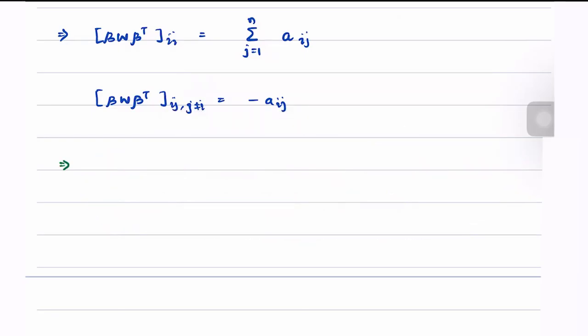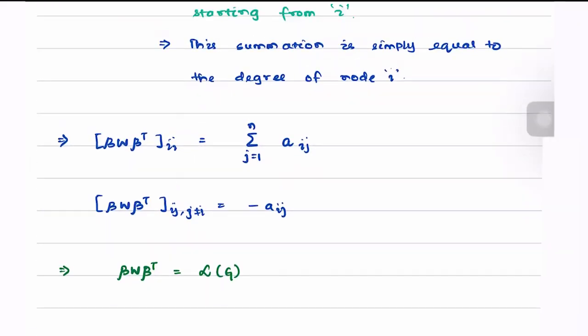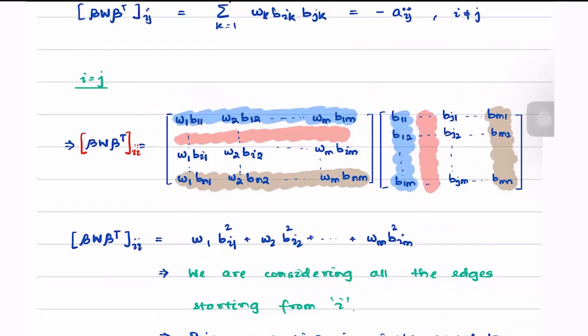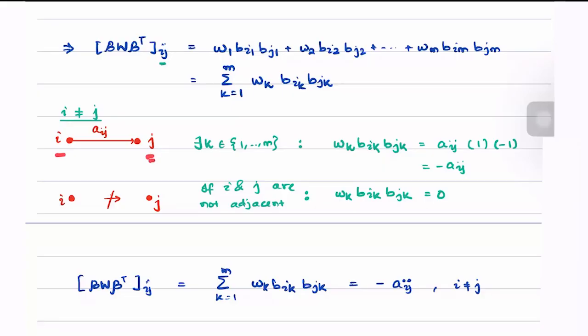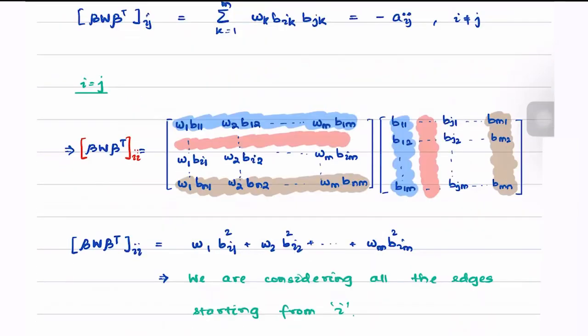So why is this the Laplacian of the undirected graph? Because it doesn't matter in this expression if the edge is from I to j or j to I. This entry is still equal to either minus aij or aji. In both cases, the entry becomes non-zero. That is why this gives us the Laplacian of the undirected graph.